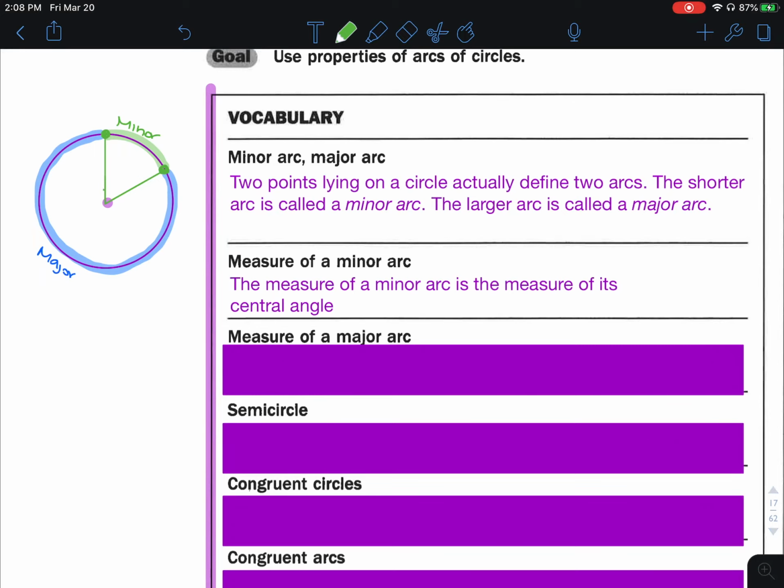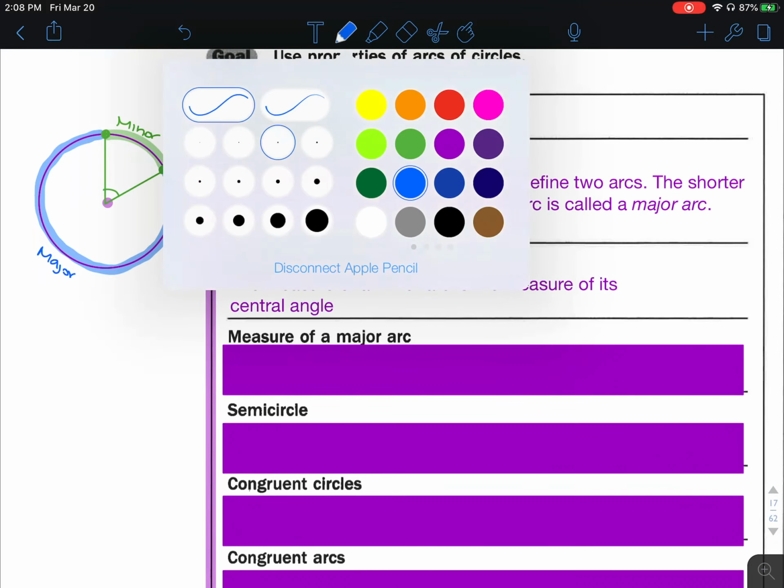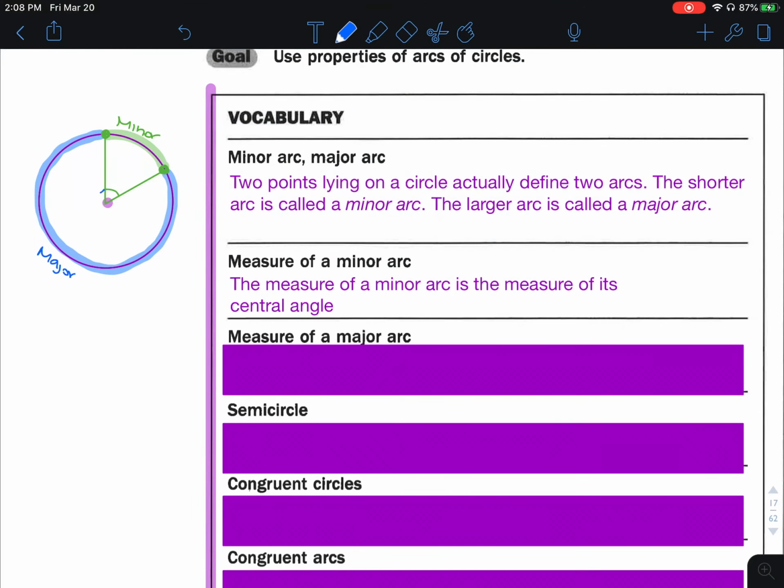So in this case, this part is called my central angle, this green little part that I just drew in. My central angle, in this case, this angle here, is the same measure as my arc, so that green part, which means, now we don't typically do this, but this blue part would be the measure of the blue arc.